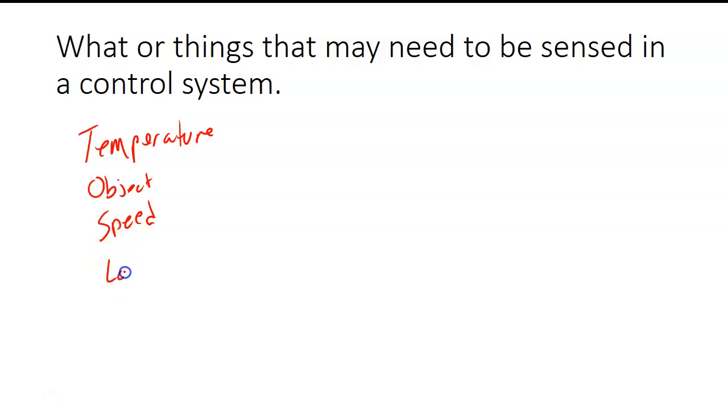Location. We have two. If it's about location, we're going to refer to these as proximity sensors. And then we do have position sensors. A proximity sensor senses when it's at a spot, right?